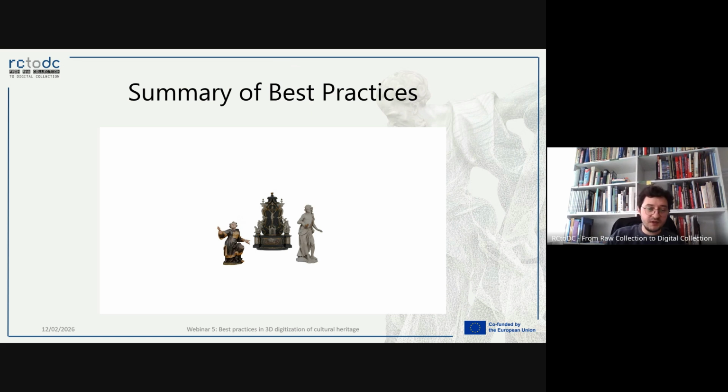The key takeaway from this module is simple. Good digitization starts with clear goals, realistic assessment, and informed choices. There isn't one perfect method. There are well-chosen methods that work for your objects and your resources and your institution's needs.